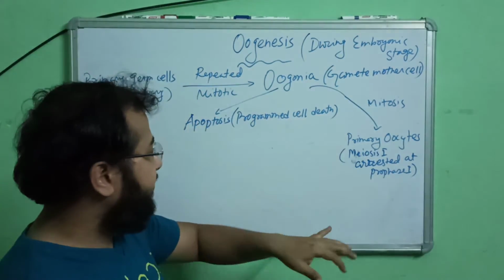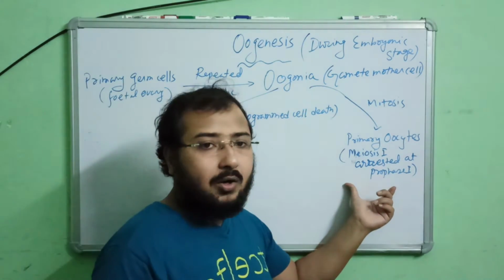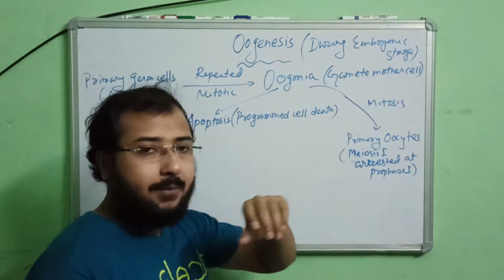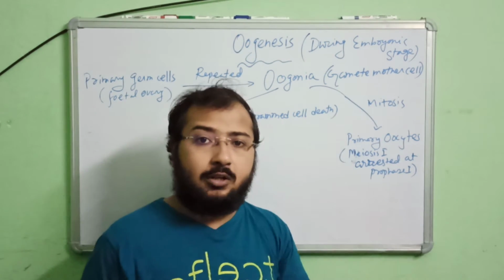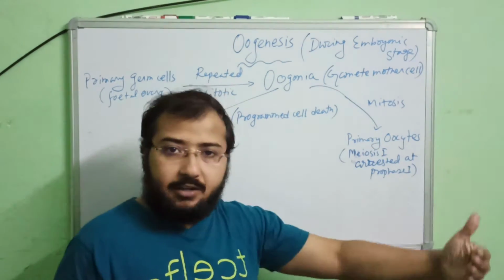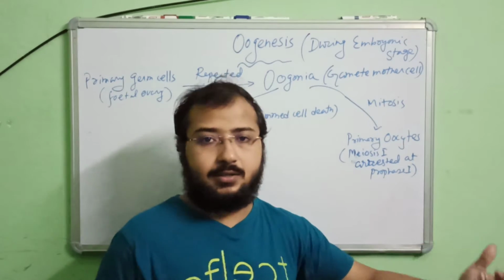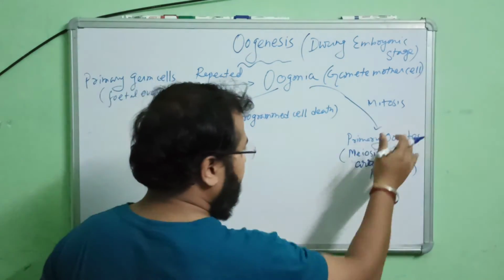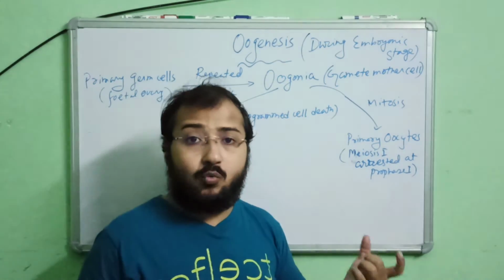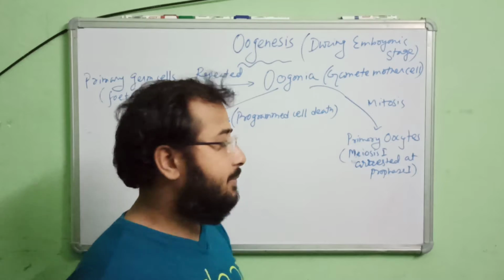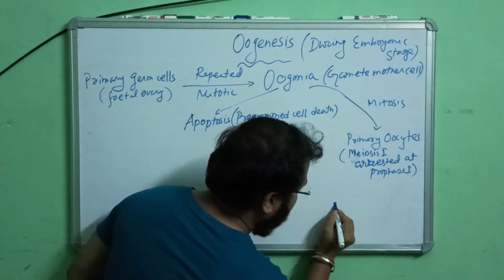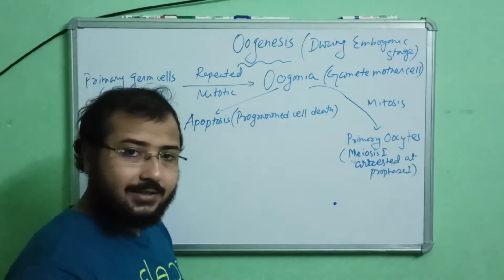Now, once follicular formation starts, further processes, metaphase 1 and anaphase 1, will start. So the primary oocyte undergoes meiosis 1 and arrests at the prophase 1 stage, and by this time, suppose it is a primary oocyte, a cell.